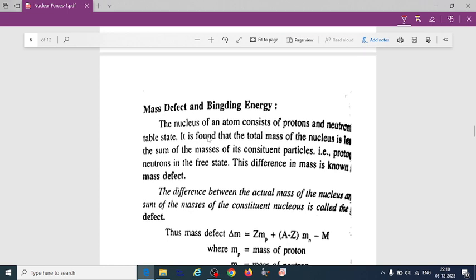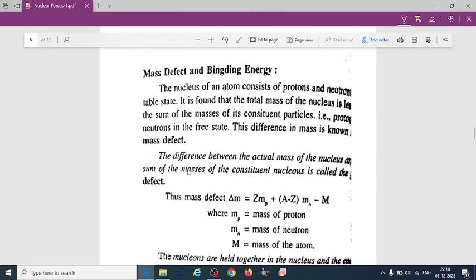Then mass defect and binding energy are also very important. As we know, the nucleus has protons and neutrons, which together make the mass number. If we add the masses of the individual nucleons, the total mass of the nucleus and the masses of the constituent particles are not the same.